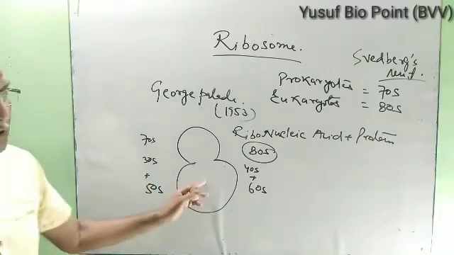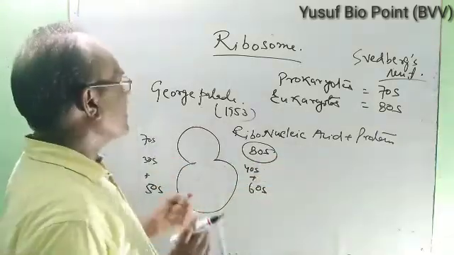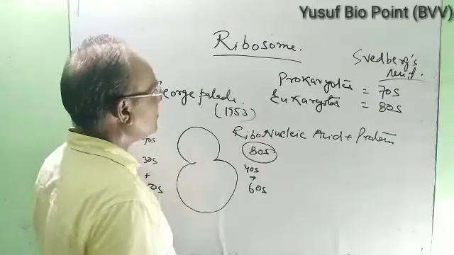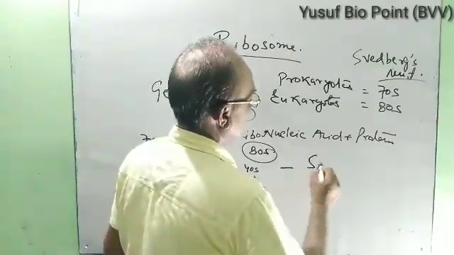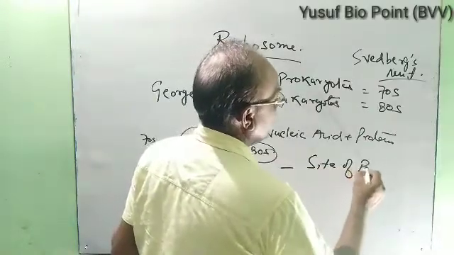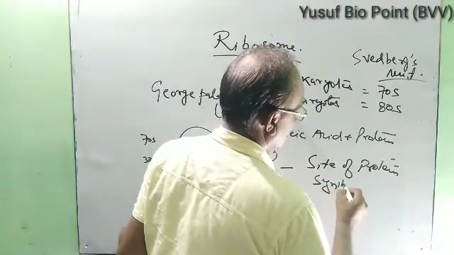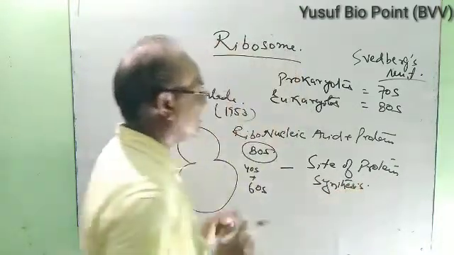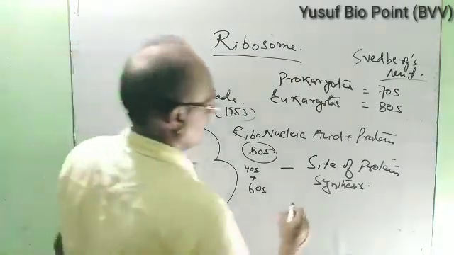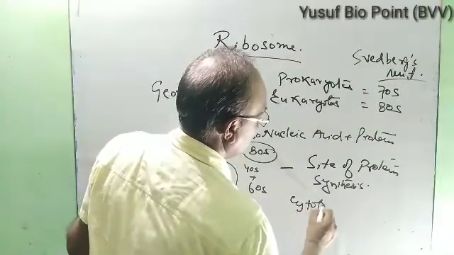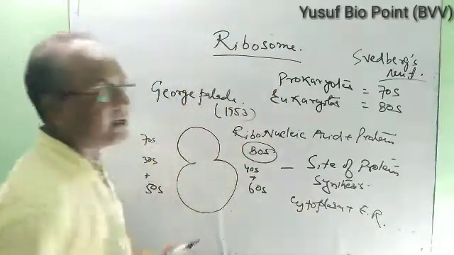So these are the two types, and they contain ribonucleic acid and protein, and the ribosome is called the site of protein synthesis. They are found in the cytoplasm, and on the endoplasmic reticulum.